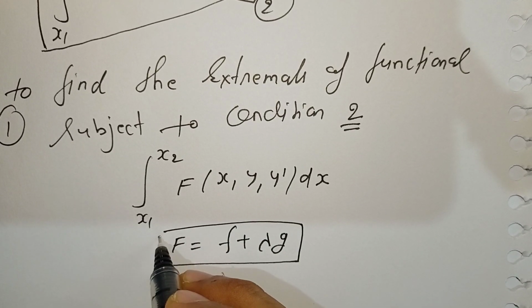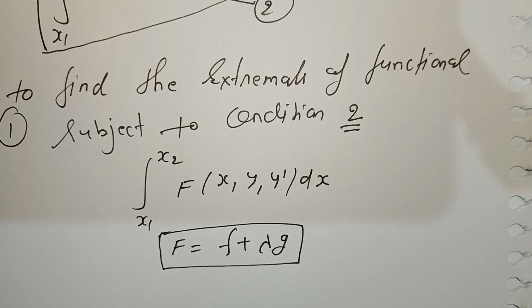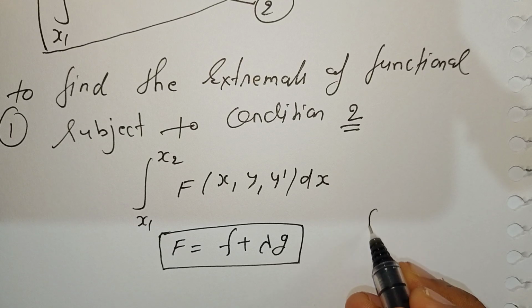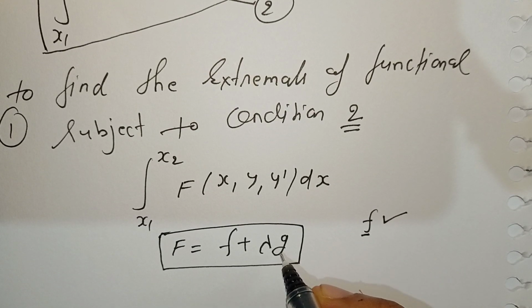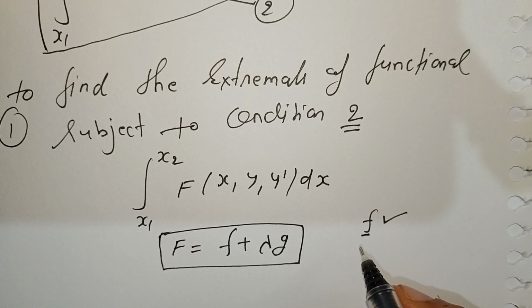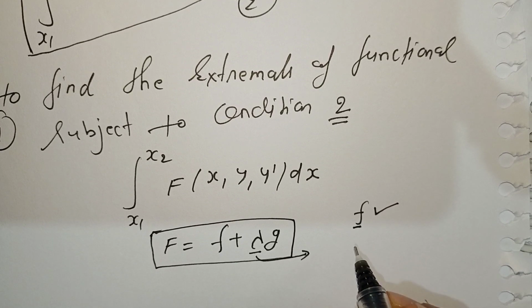It means we need to define one new functional problem in which capital F is given by f plus lambda g, where f is the given functional of the original problem and g is the given constraint. Okay, so here lambda is called Lagrange's multiplier.